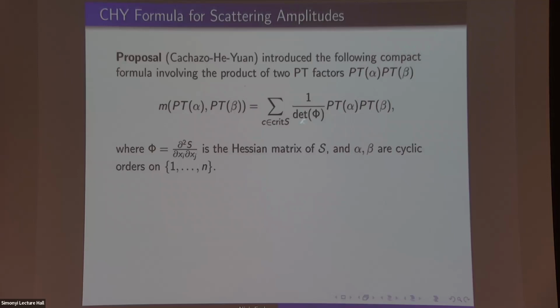The magic of this formula is that it evaluates to the same function of Mandelstam invariants that you would get by summing over Feynman diagrams. It's like a Duistermaat-Heckman type of thing, a sum over critical points. I think so, yes. We sum over those critical points, meaning we evaluate those functions at those critical points.